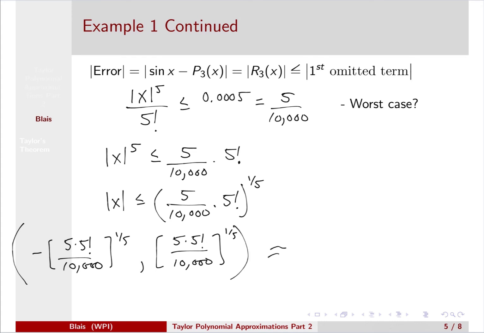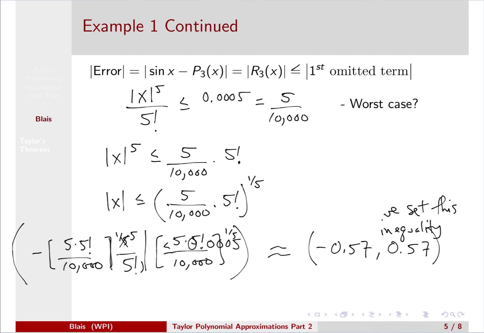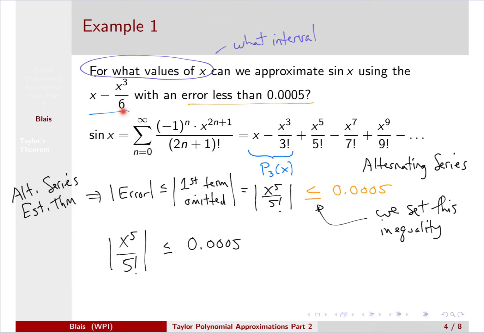And this interval is approximately equal to negative 0.57 to positive 0.57. So, if we restrict our choices of x to this interval, our approximation of sine of x by x minus x cubed over 6 will always have an error less than 0.0005, as desired.